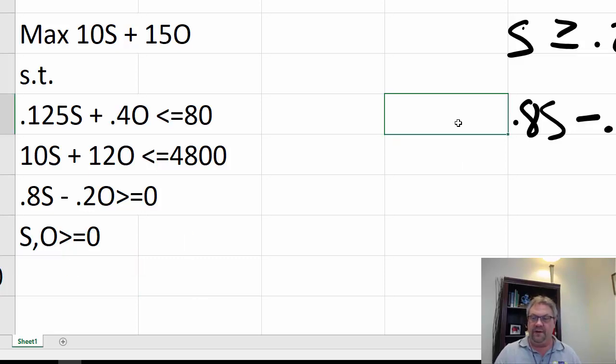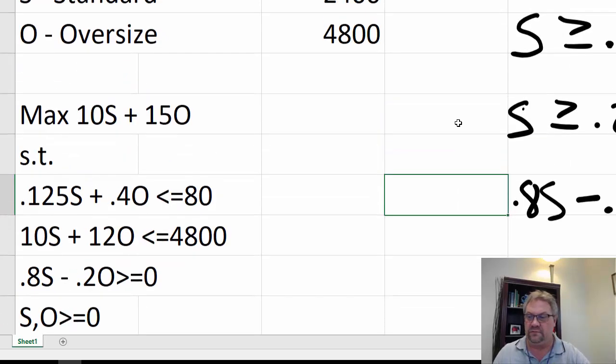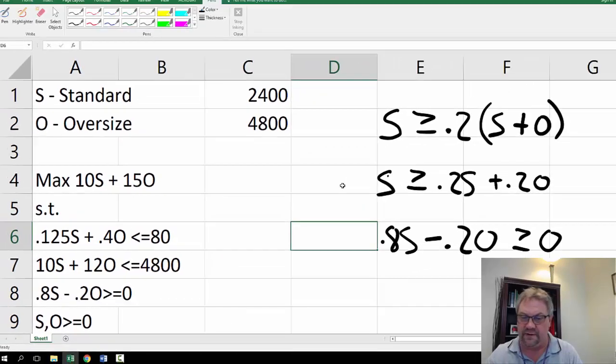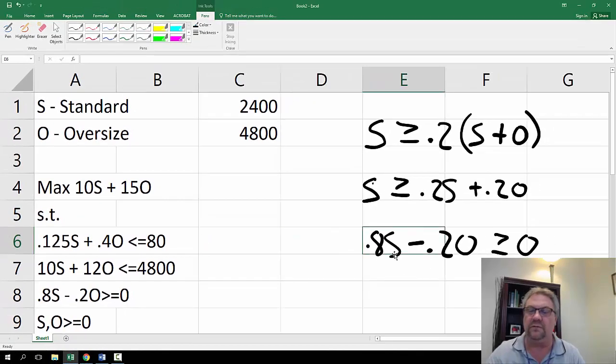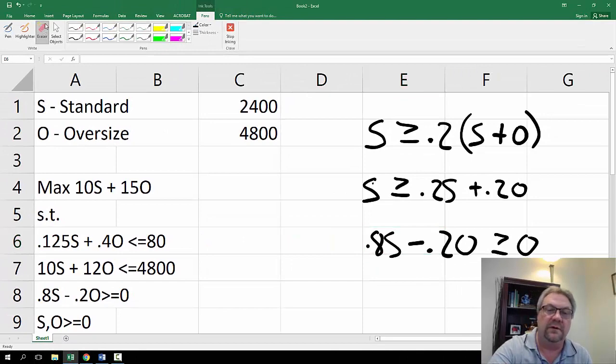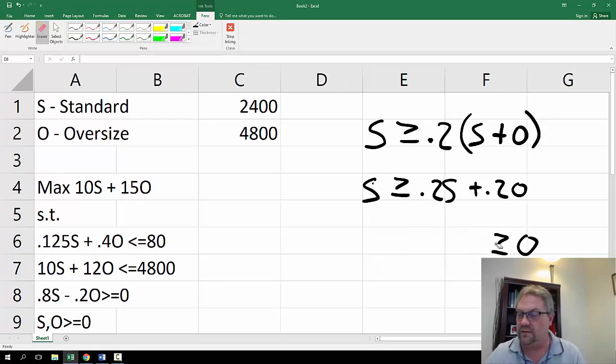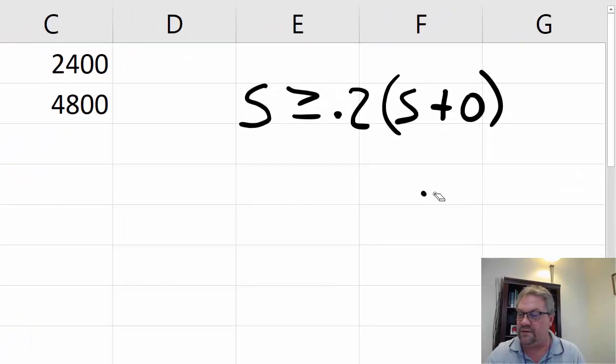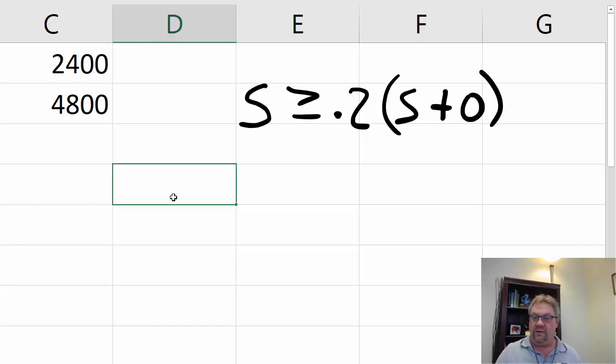What I'm going to do is, I apologize for this, but I'm going to erase this so that I have some room to write out the problem in Excel. Okay, we are now ready to go.